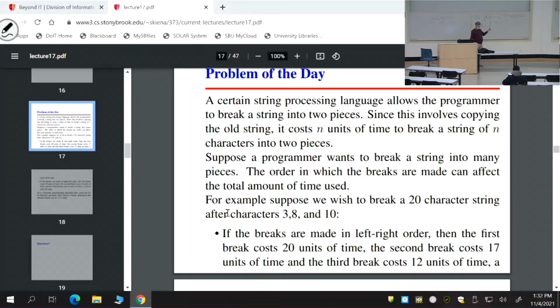Can anyone give me a recurrence now to compute this thing? Does anyone see a recursive thing going on? A recursive thing is going on when you can solve your problem in terms of smaller things like it. Right? Okay? What's your idea?